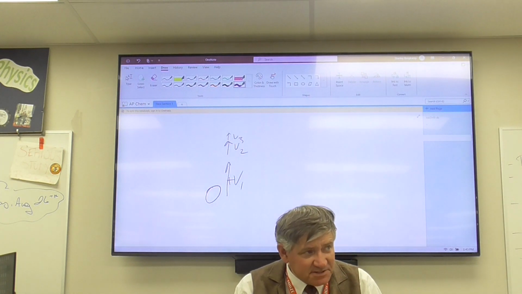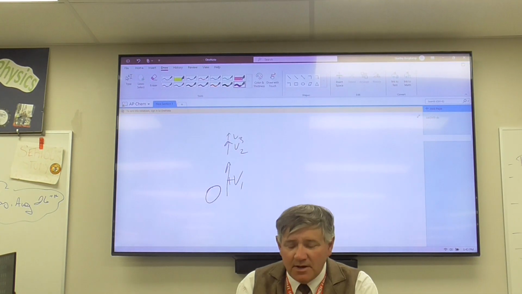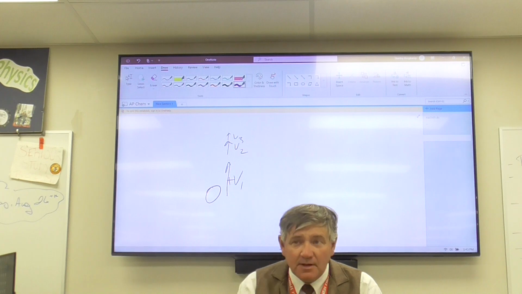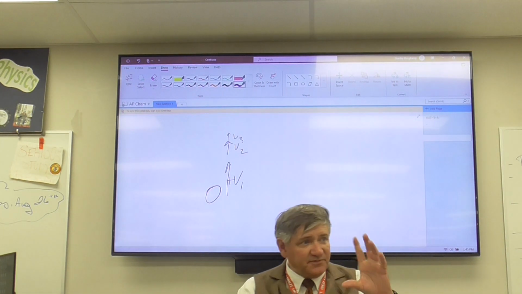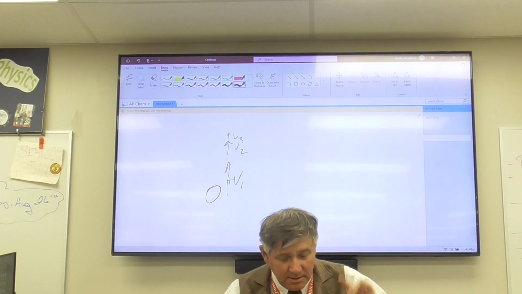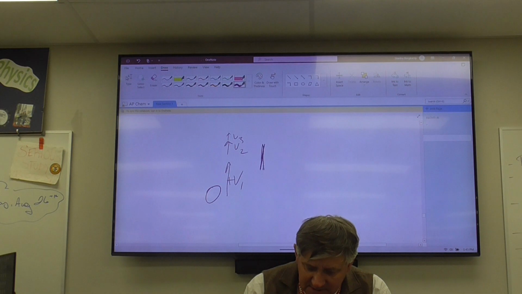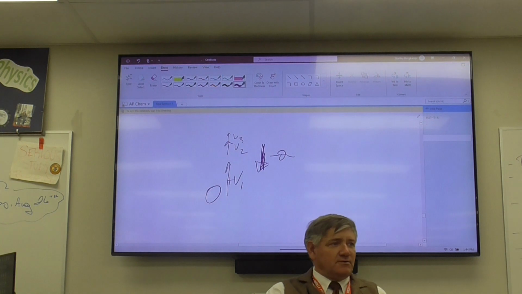Your acceleration vectors point in the direction that the velocity vectors are changing. The velocity vectors are pointing up, but they're getting smaller. So on the way up, I'm going to have an acceleration vector with a negative value. I'm going to have negative acceleration on the way up.